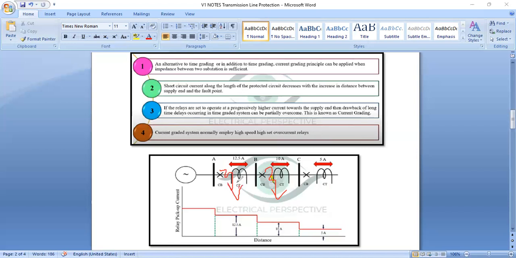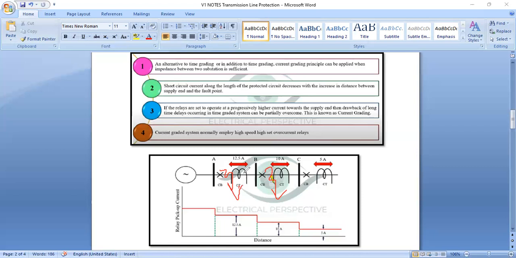This is because there is very little difference in the fault current, and the relay cannot discriminate whether it is occurring in the next section or at the end of the first section. Because the difference in the fault current value is very small, the magnitude of the fault current cannot decide very accurately.